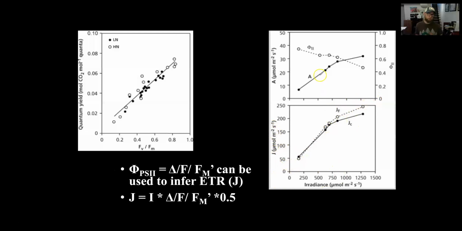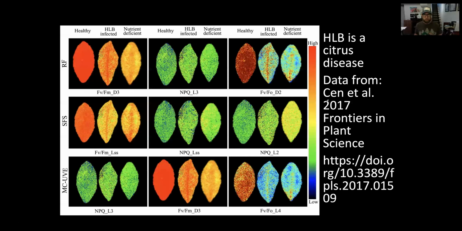If you look at the light response curve from this plant, this solid line is photosynthesis measured with a 6400, and you can see that the electron transport rate is matching the photosynthetic rate really closely. So you can estimate electron transport and start generating light response curves based on that metric instead of actually measuring CO2 uptake. And so it's much faster at getting that same type of information.